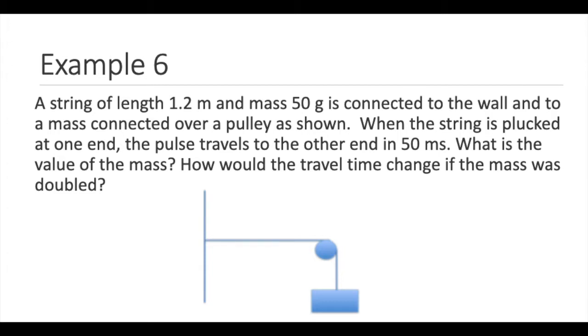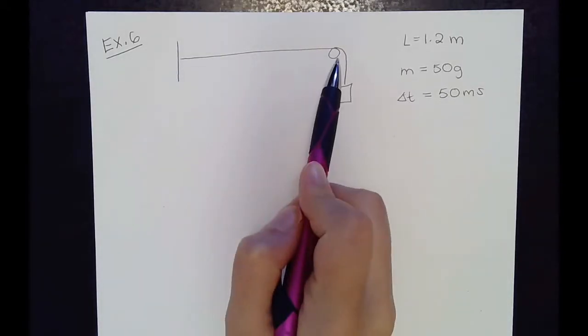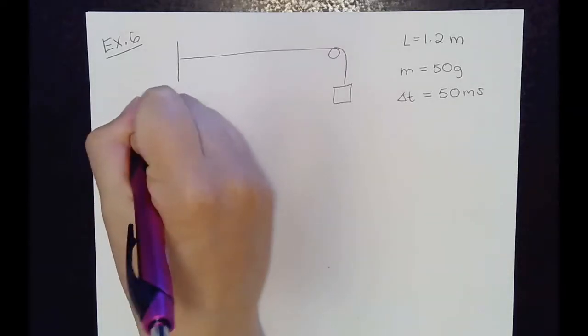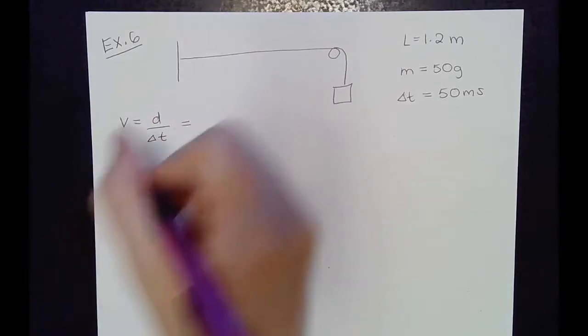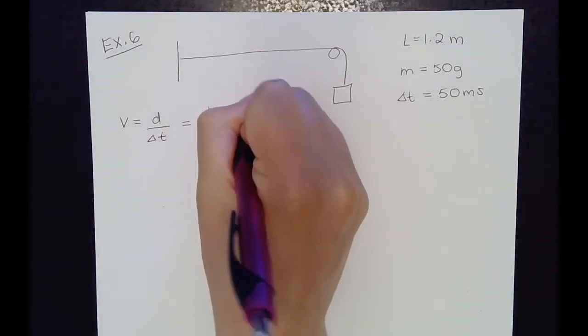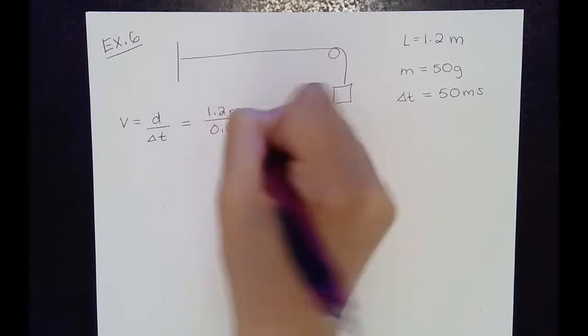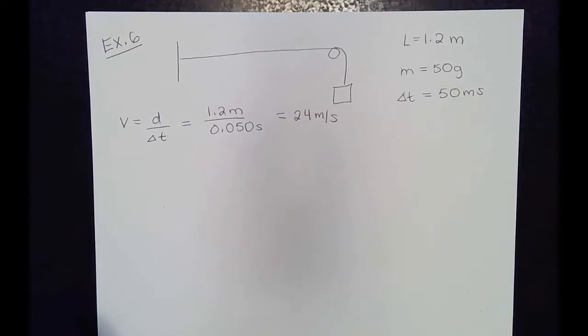We can use the length of the string and the time the pulse takes to travel from one end to the other in order to find the wave speed. So we'll have v equals d over delta t, since it's a constant speed. That's 1.2 meters over 50 milliseconds, 0.050 seconds, which gives 24 meters per second for the wave speed.